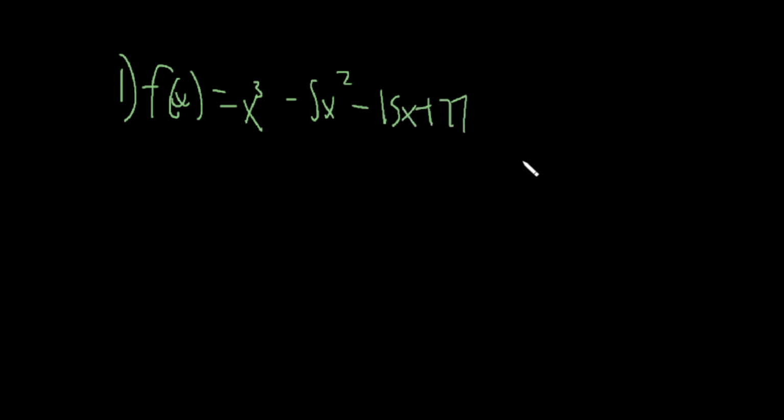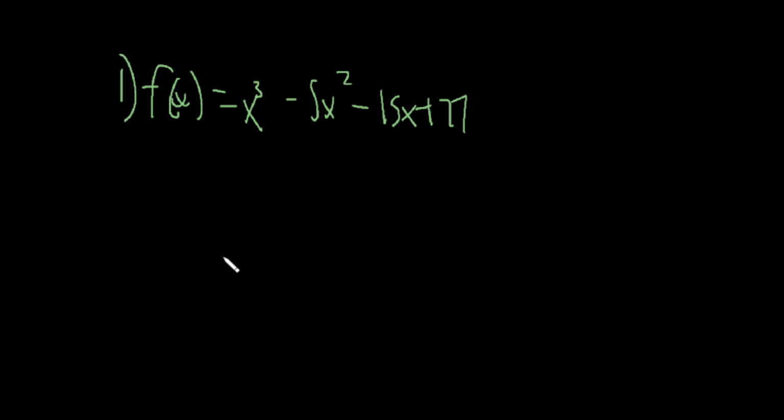Determine the root of the given polynomial, give the exact answers, and show all your steps to justify your answers. So we have a function that's equal to x cubed minus 5x squared minus 15x plus 27. Now, how do you solve this?